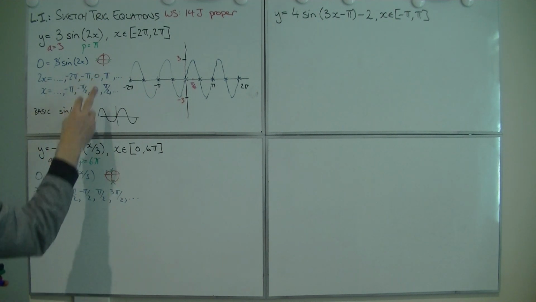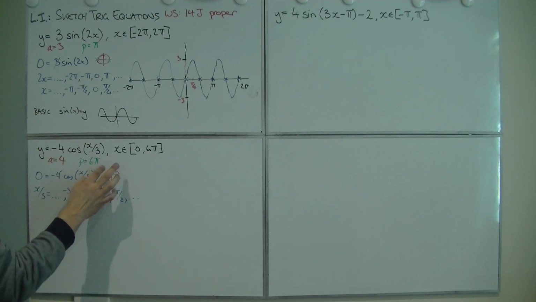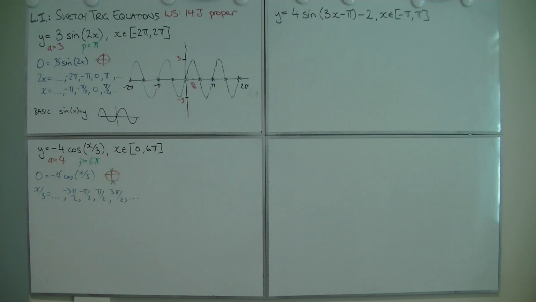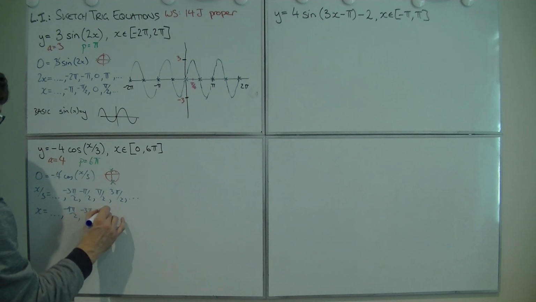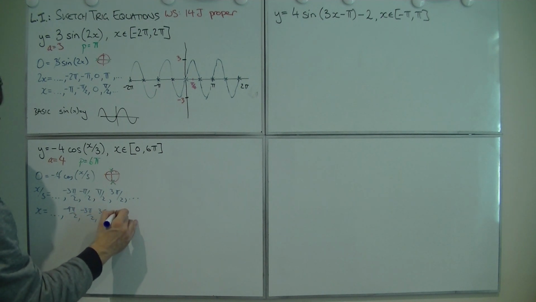The fact that these are symmetric isn't guaranteed always, but it will commonly happen. Now times everything by 3. So we've got negative 9 pi on 2, negative 3 pi on 2, 3 pi on 2, 9 pi on 2.